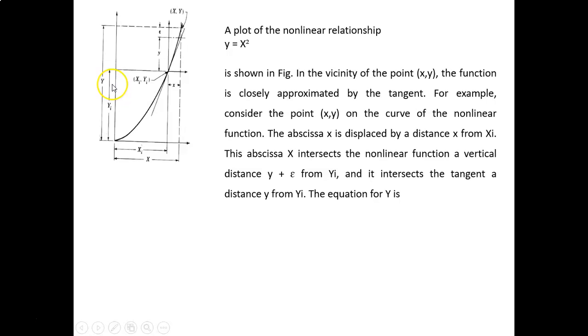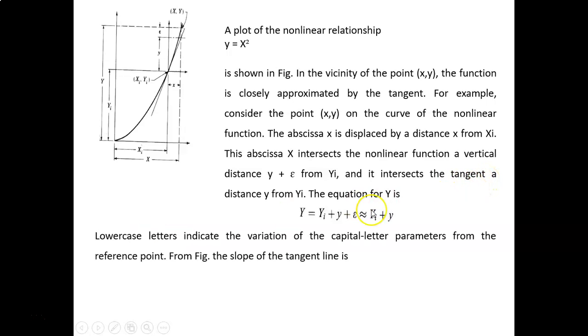Therefore, from yi, this is the yi length, it intersects this at y plus epsilon and it intersects the tangent at distance small y from yi.